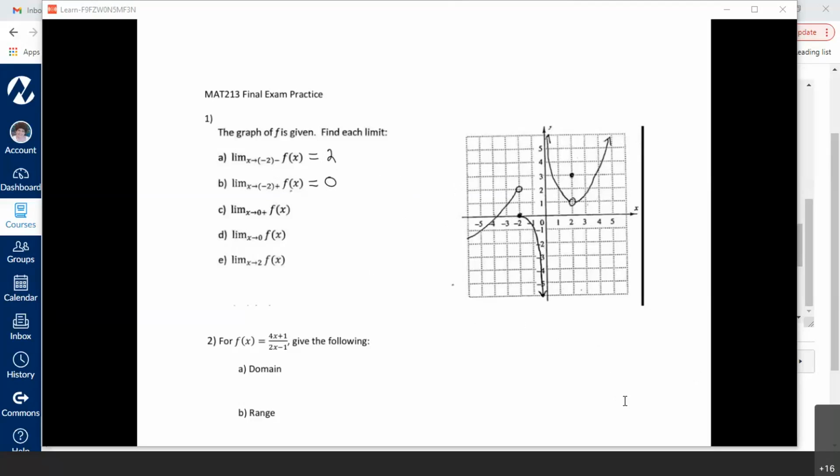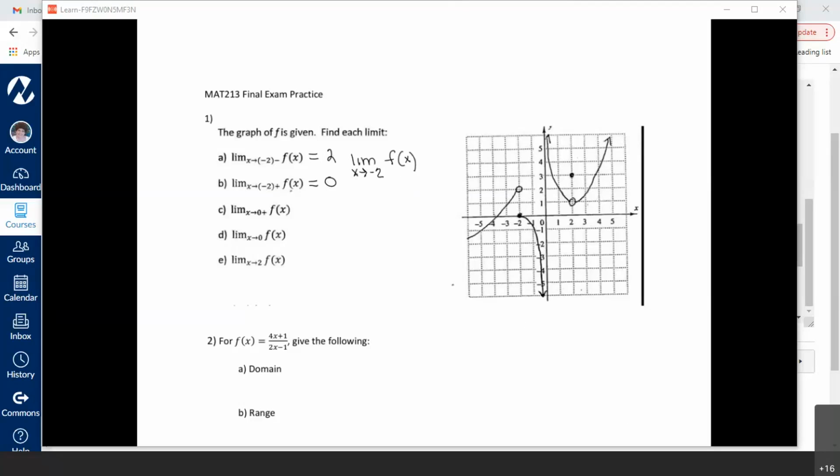From the right side, it's another value. So does this exist?